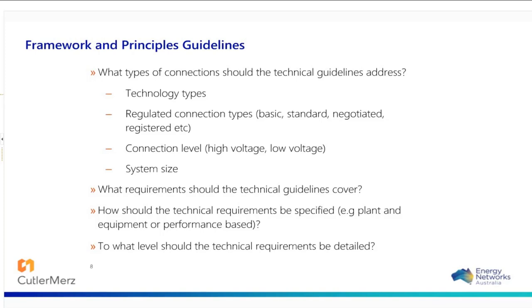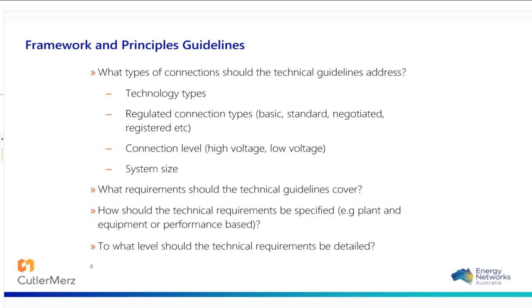The framework and principles guideline will also specify how the technical requirements should be specified. Should we specify the exact plant and equipment that should be provided, or should we base them on performance, or should we even allow networks to set them independently? But what is the way in which the network should go about setting those technical guidelines?